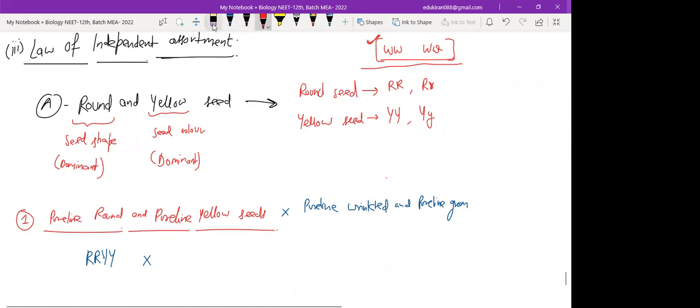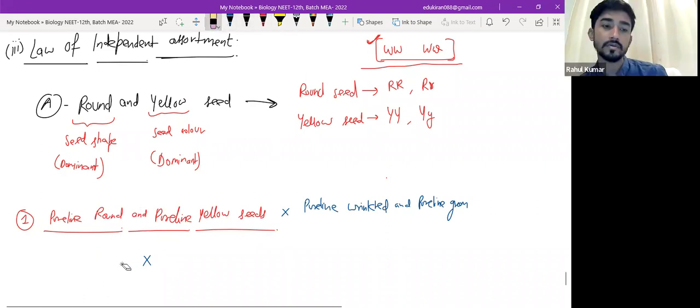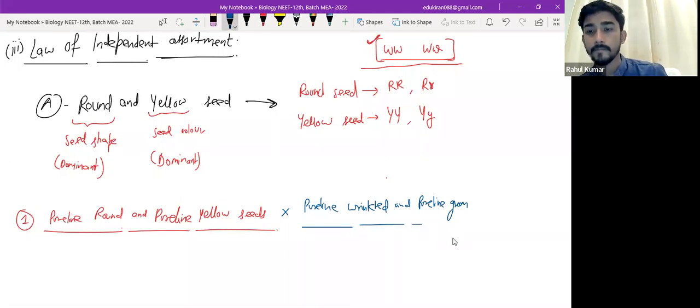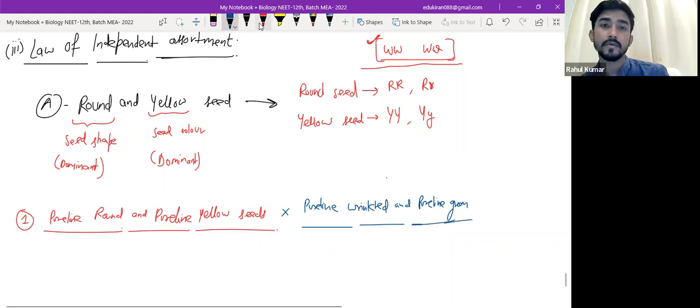Yes, so let me use the same color coding. Make things easier. Okay. So for this, you are saying capital R, capital R, capital Y, capital Y, crossed with, for this you are saying, what is the genotype?